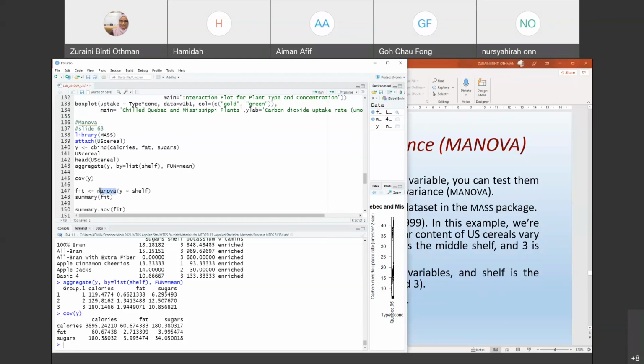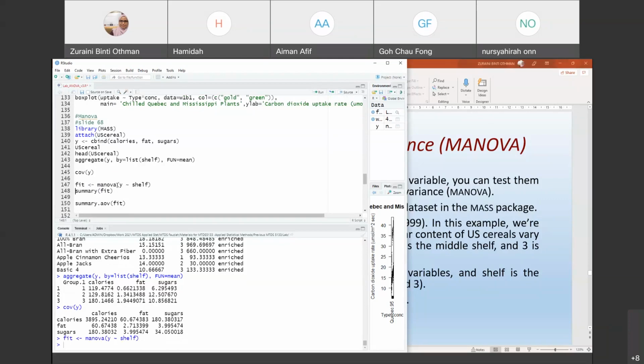Because we have more than one dependent variable, we use MANOVA. That's why we have to know the term that I mentioned in the last meeting. Here we fit the MANOVA, and we can see the summary of this MANOVA.